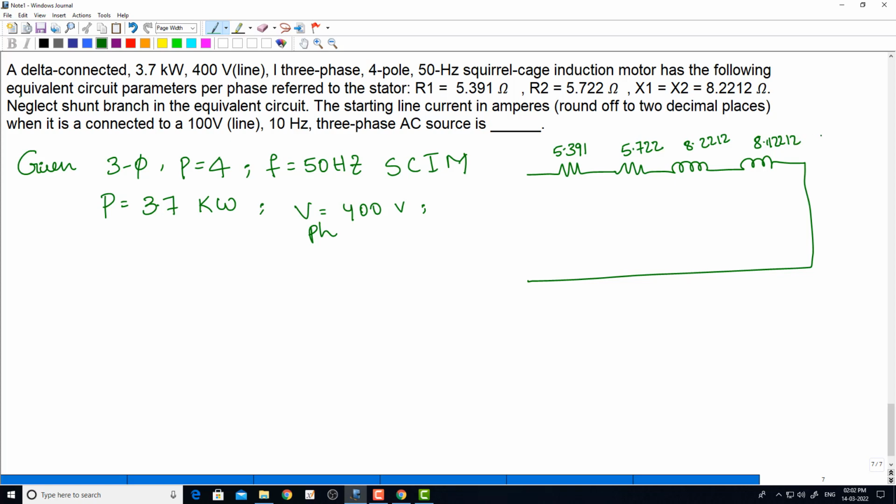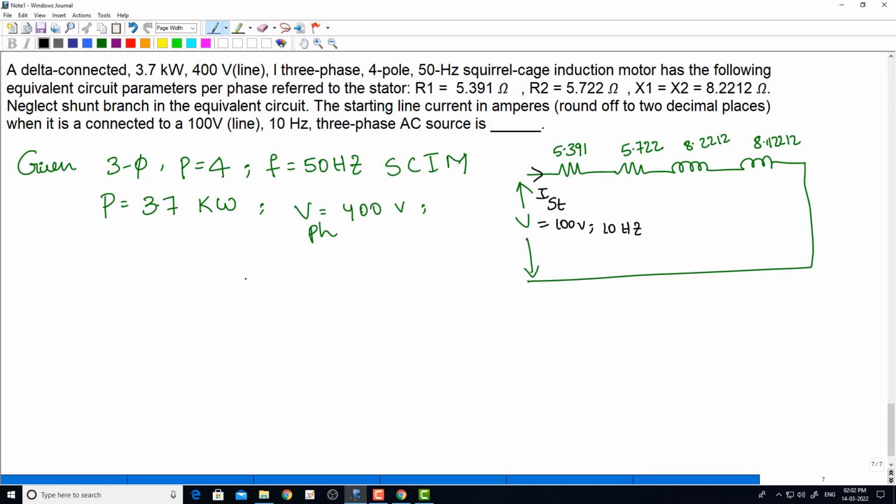What we need to find out is, now the induction motor is connected to a 100 volts, 10 Hz source. We need to find out the starting line current drawn by the induction motor from the AC source. So, let us solve the problem.